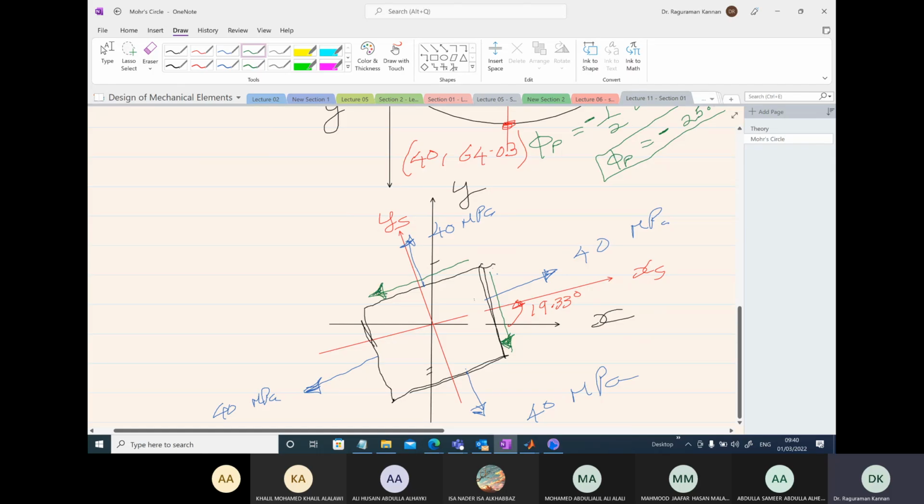So now we have the direction of shear stress, the opposite ones here, and the value is 64.03 megapascals. From here, it is very clear that your shear stress is negative and the normal stresses are positive. So this is the stress element.